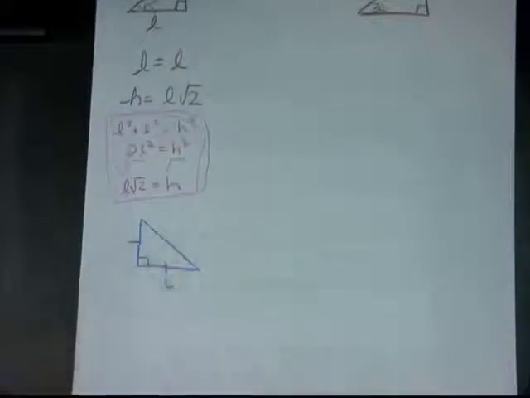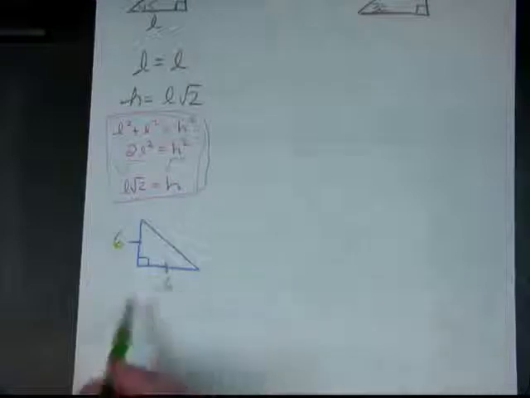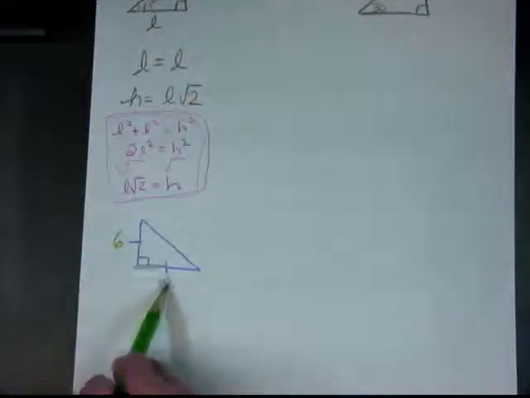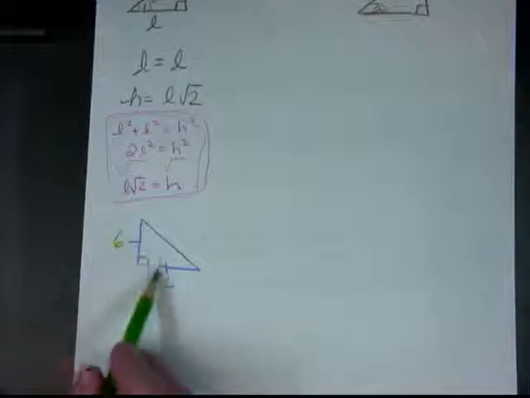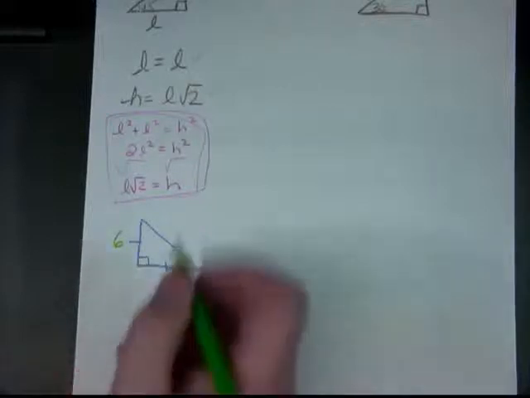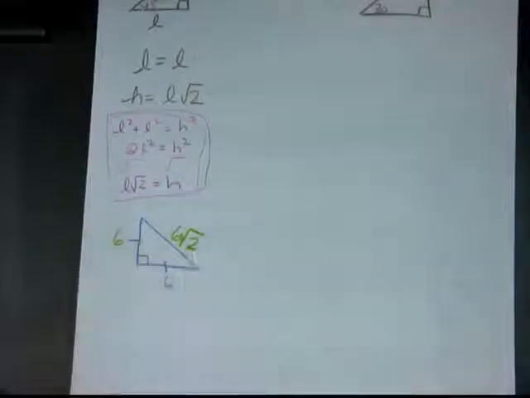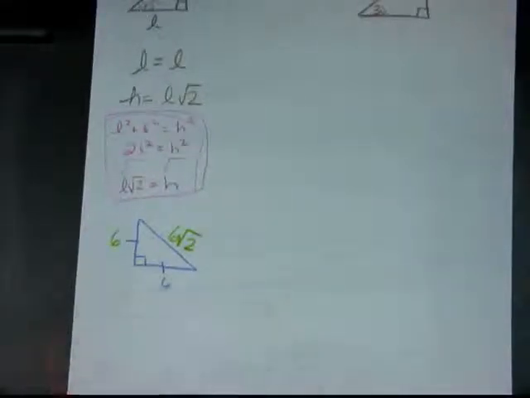So you could find the other sides by knowing this relationship. This is going to be a side measurement of 6 because it's marked the same, therefore it is the same. Because these are the same, it's a 45, 45. Therefore the hypotenuse is the leg times root 2. 6 root 2. You could do the Pythagorean theorem, but you don't have to because we've already proved that.